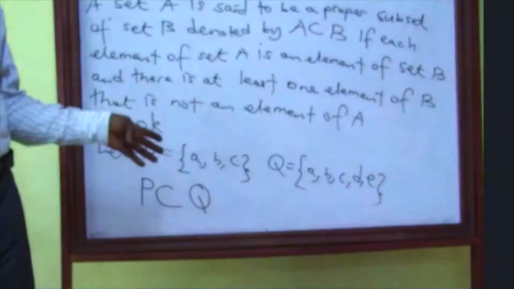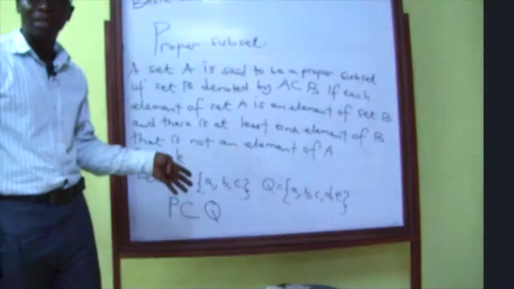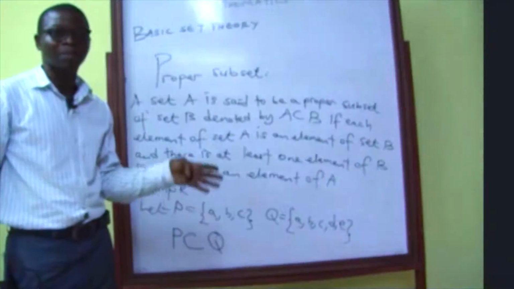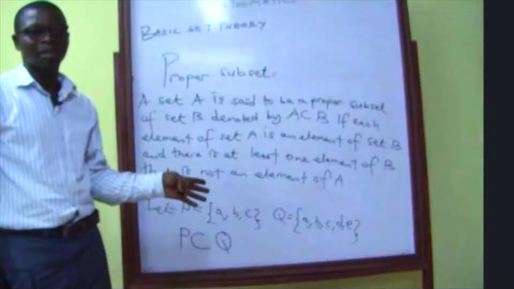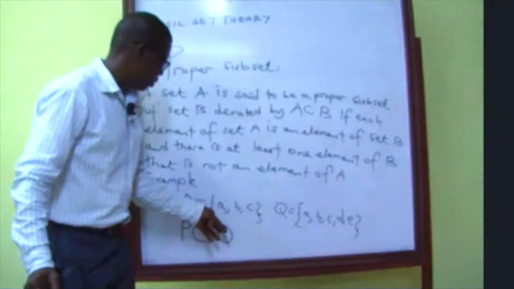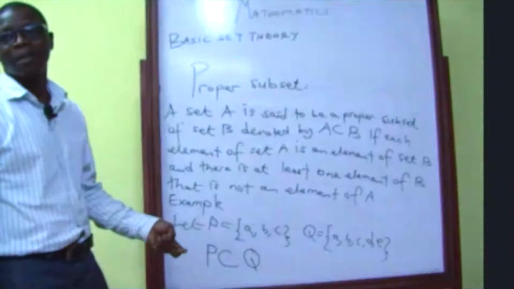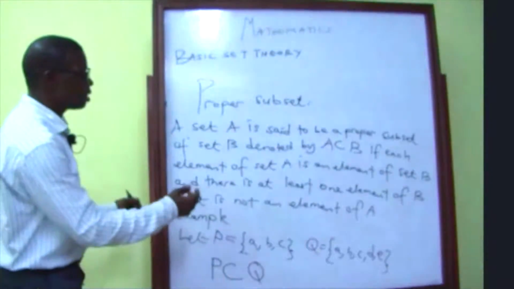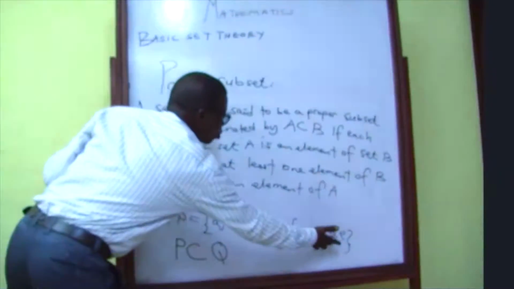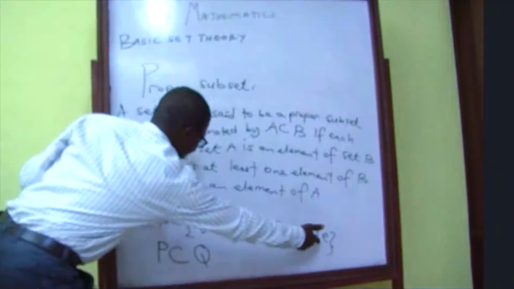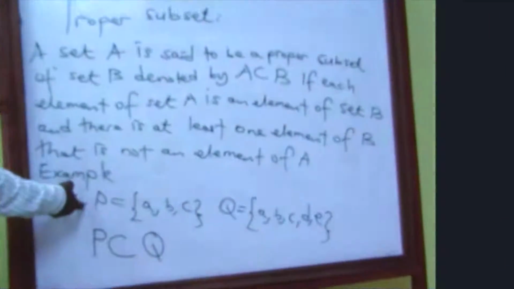The converse is not true. Q can never be a subset of set P, because Q can never be inside P. If you look at the example again, there are two elements, D and E, that are in Q but not in set P.